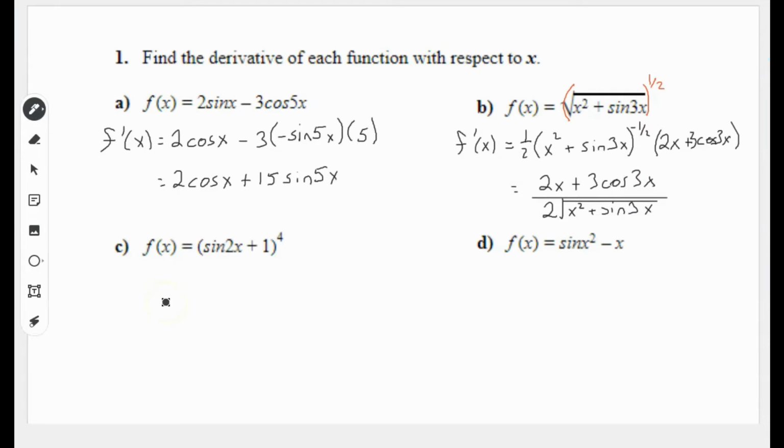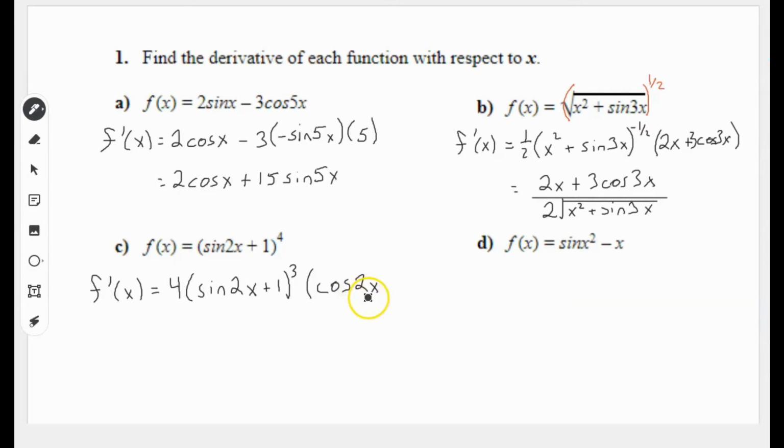So part C, similar to this one, we're going to do a chain rule here. So we're going to bring the 4 out in front of the brackets. So our derivative is 4 times that whole bracket, the sine of 2x plus 1, and then subtract 1 from the exponent, so we get a 3. Then we have to multiply by the derivative inside the bracket, so sine becomes cosine, so we get the cos of 2x.